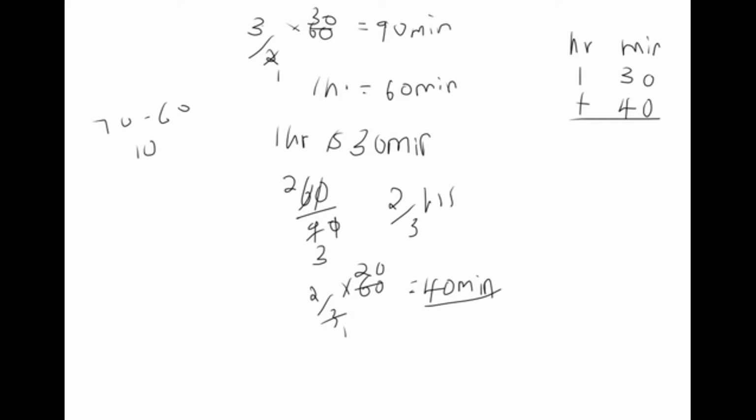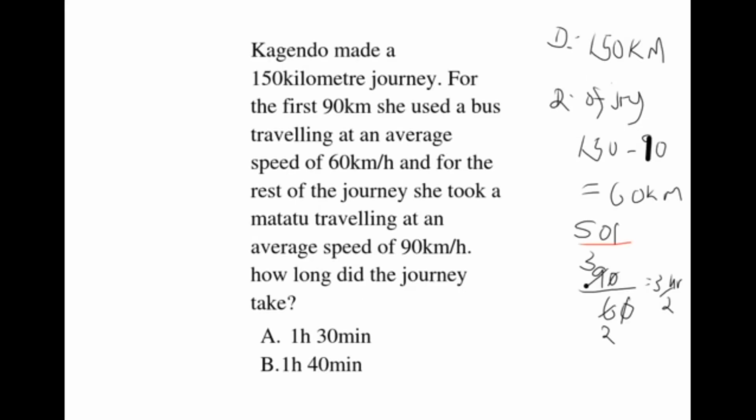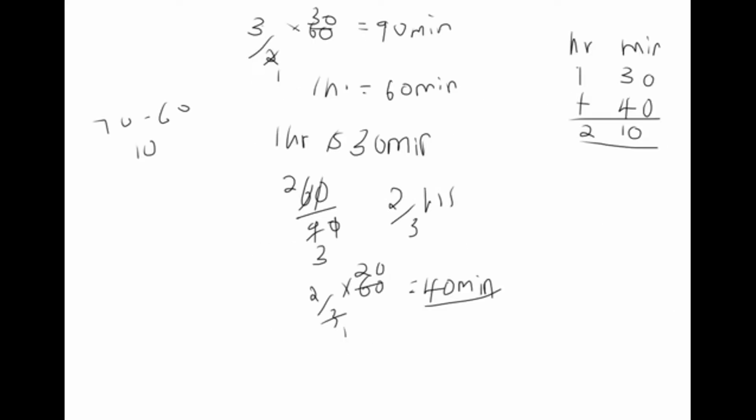Therefore here we'll write 10 minutes. We carry that 1 hour here, we have 2. So it took 2 hours and 10 minutes. Therefore, our correct choice will be choice C, 2 hours, 10 minutes.